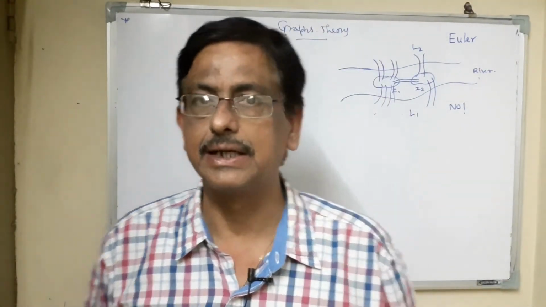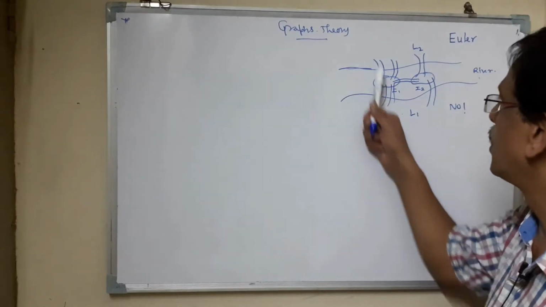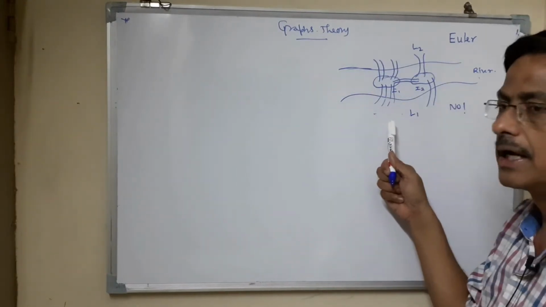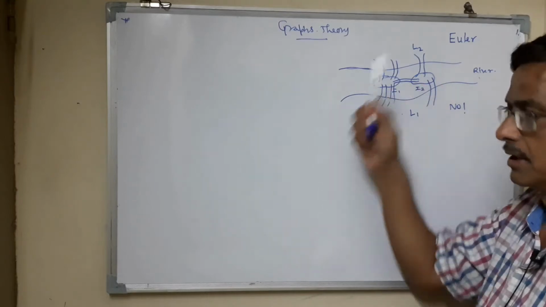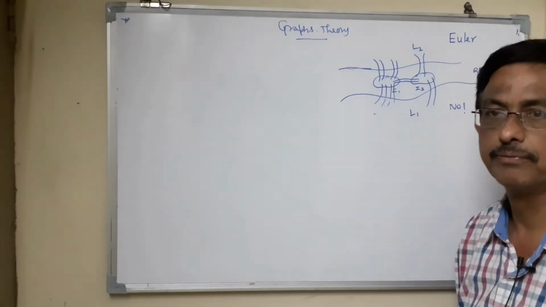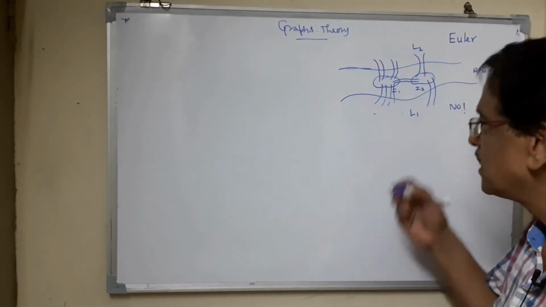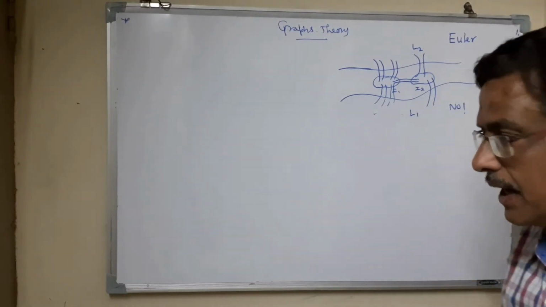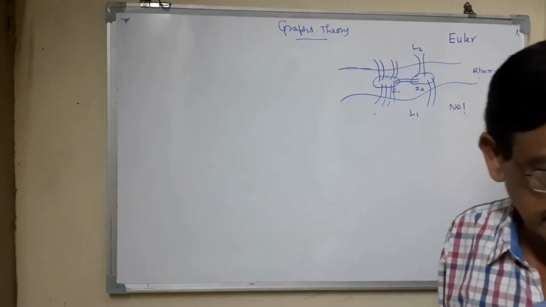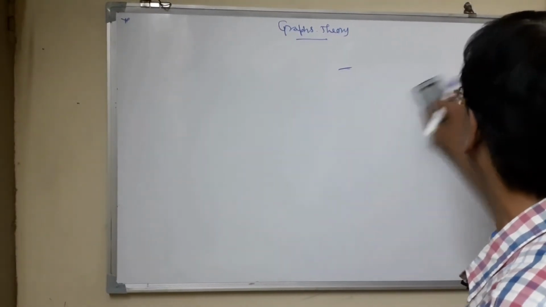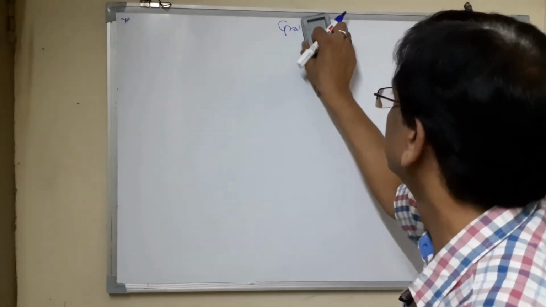A person cannot travel through all bridges starting from L1 to reach L1 only once. This is not possible. So, this is a small problem. There are many other problems of this kind, but before that, let me write down the definition of graph.